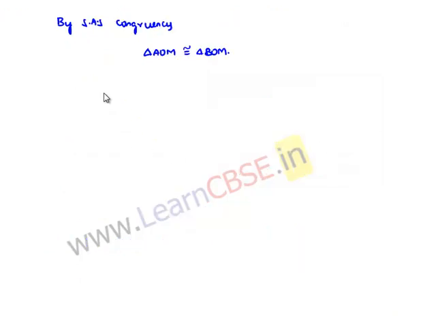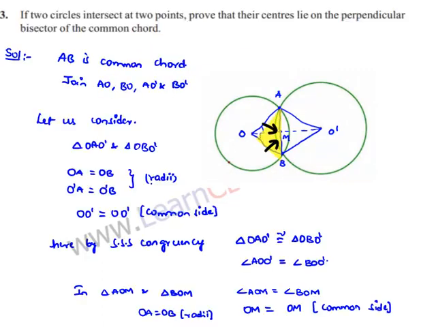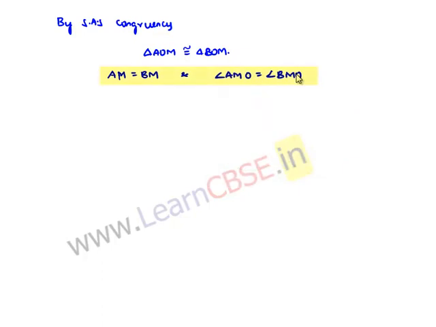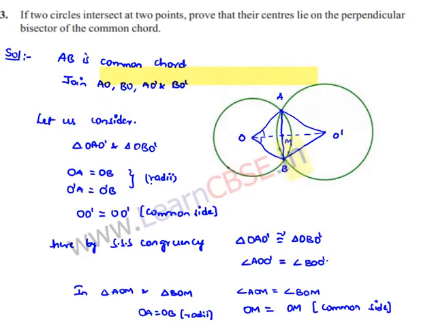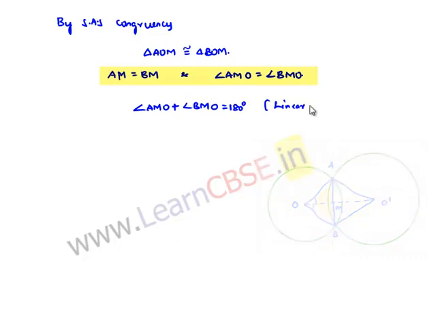Therefore, here AM is equal to BM, and angle AMO is equal to angle BMO. But angle AMO and angle BMO form a linear pair. Therefore, their sum, angle AMO plus angle BMO, will be equal to 180 degrees. Let them be equal to some x degrees.